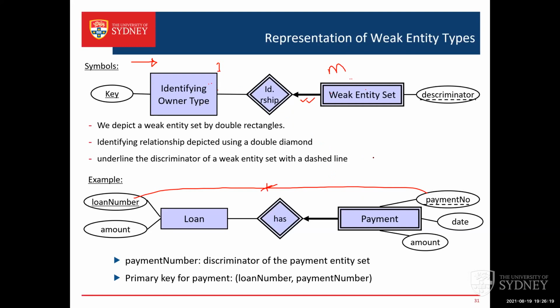Someone is saying, but the right has a thick line. You said read the thick line before. Yes, read the thick line, that's fine. But that's not what I'm asking. Think about what it is that I'm asking. When you read the thick line, you are simply reading exactly, at least, or at most. But that is not what I asked. I asked for the relationship degree. Is it many to many? Is it one to many? Is it one to one?